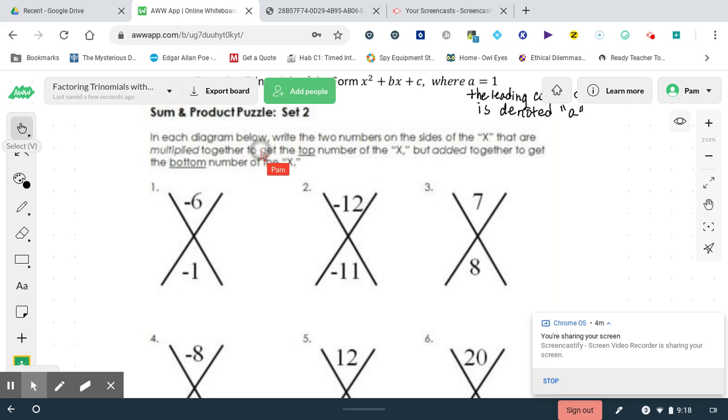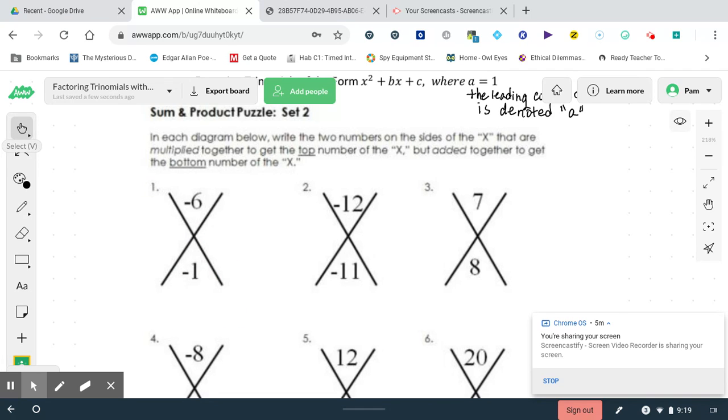It says, in each diagram below, write the two numbers on the sides of the x that are multiplied together to get the top number of the x. So I need numbers that I multiply to get -6, but added together to get the bottom number of the x. So I need numbers I can multiply to get -6, but yet add together to get -1.